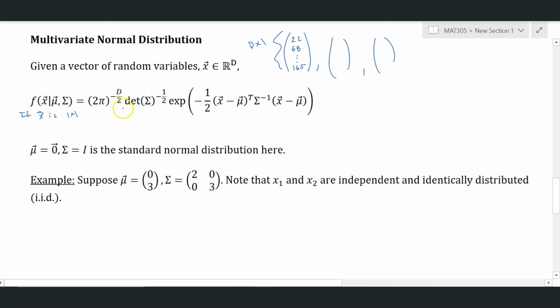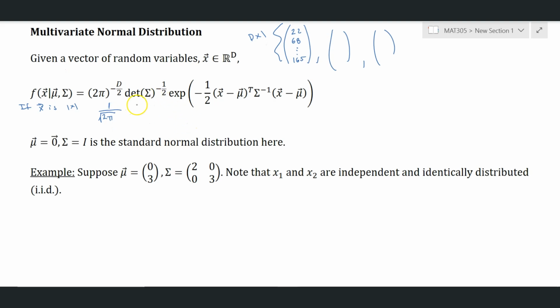So if d is 1, then you would have (2π)^(-1/2). Well, a negative power is 1 over that raised to the positive power, so it would be the square root of 2π. Now, we recall that the sigma matrix has the variances in it. So if we are talking about a 1 by 1 variance-covariance matrix, it's only applicable for the variance between x and itself, which would actually be sigma squared.